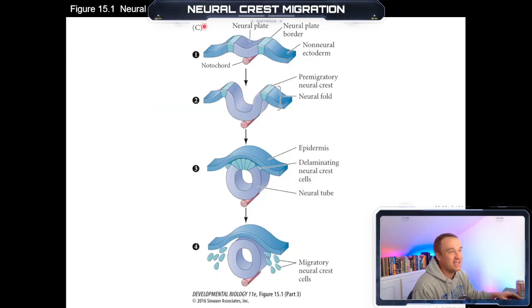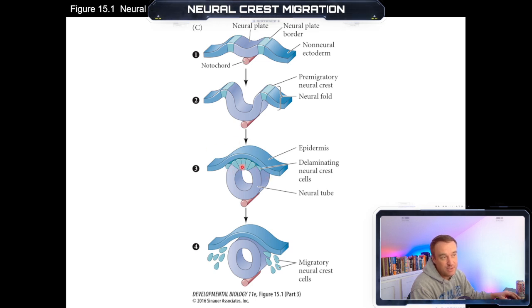Okay, so here's the picture of what's going on that we're talking about. Previously we talked about how the notochord instructs these cells to become the neural plate. Then we have this folding where the hinge point starts to come together. We have the forming of the neural tube, and then these layers of epidermis, the dark blue, come together.